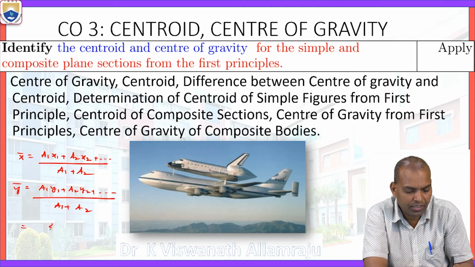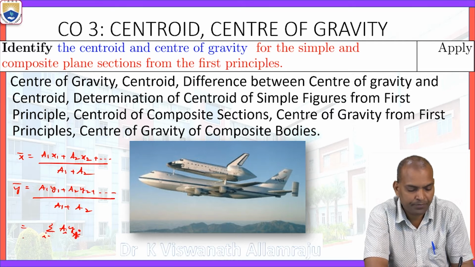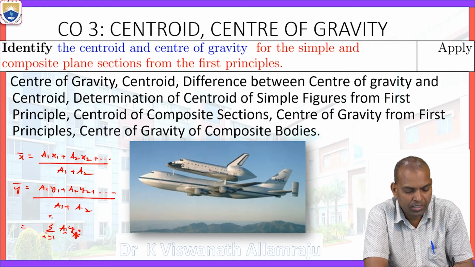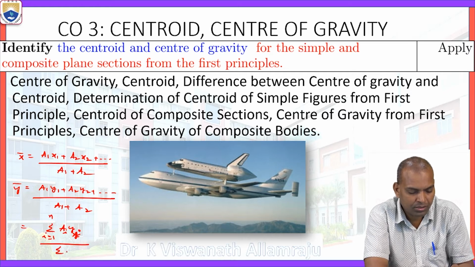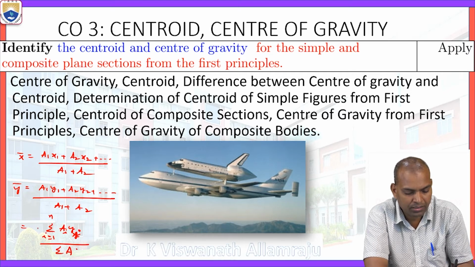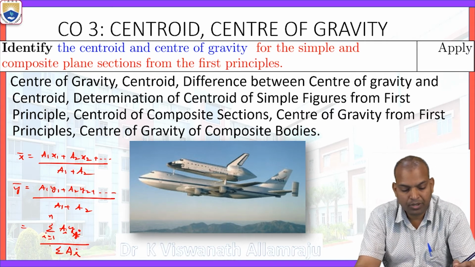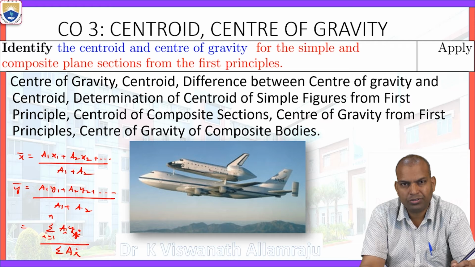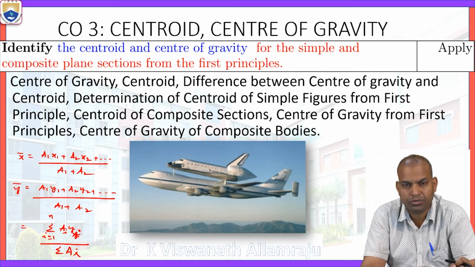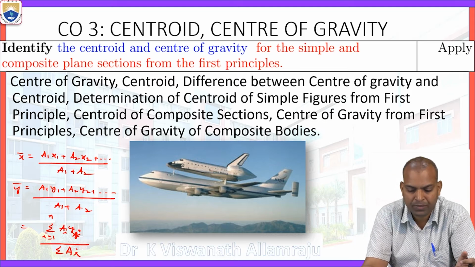That is, you can write bar y equal to sigma Ai yi, i equal to 1 to n, divided by sigma Ai, i equal to 1 to n. The point is that bar x and bar y are the coordinates of the centroidal position or center of gravity position of the composite section.